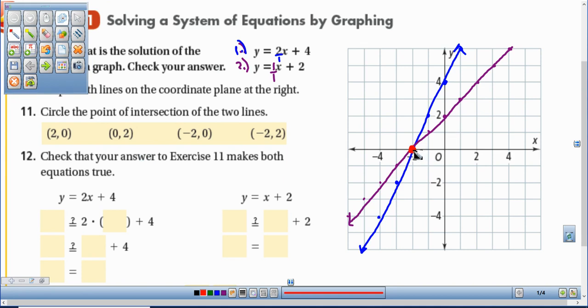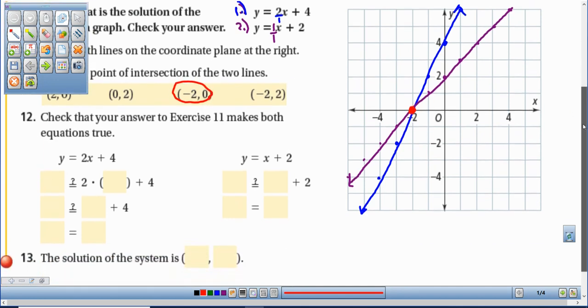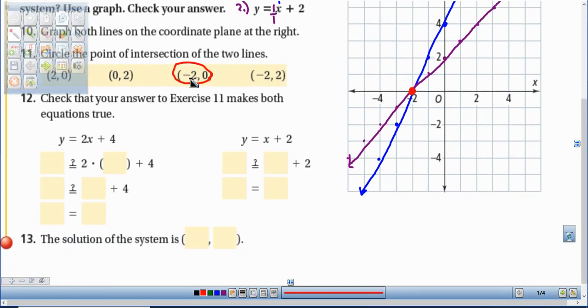What is that ordered pair? It is -2, 0, and that is how you find the solution to a system. So if I plug this into both of these equations, you're going to see that it does make sense. This is the x value, so where it says x here, I put -2. And this is the y value, so I put the 0 in the place of y. If we calculate, 2 times -2 is -4, and -4 plus 4 is 0.